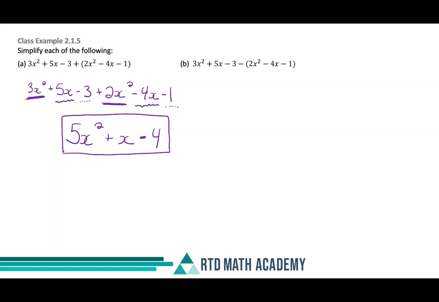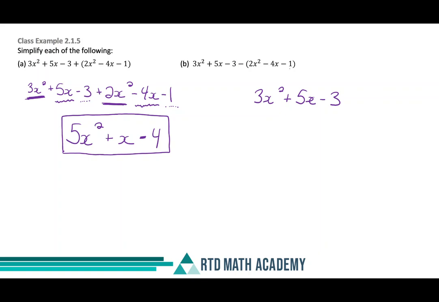Question B, on the other hand, it's quite important to recognize what happens when you have a negative sign in front of a set of brackets. So very similar to the last question, exactly the same terms, but this time when I rewrite this expression without the brackets, I have to remind myself that that negative actually applies to everything on the inside.